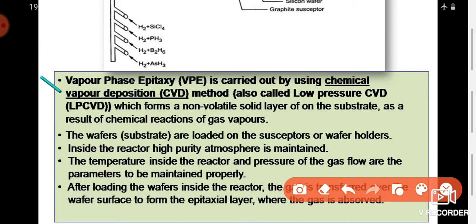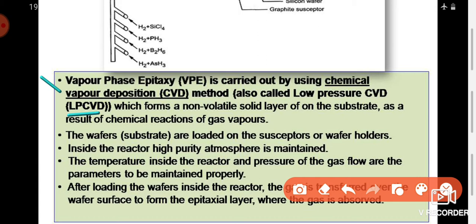So VPE is a subset of CVD. That is, it is a particular type of CVD, but CVD itself is a wide technique. As the name suggests, in LPCVD the method is carried out at low pressure.